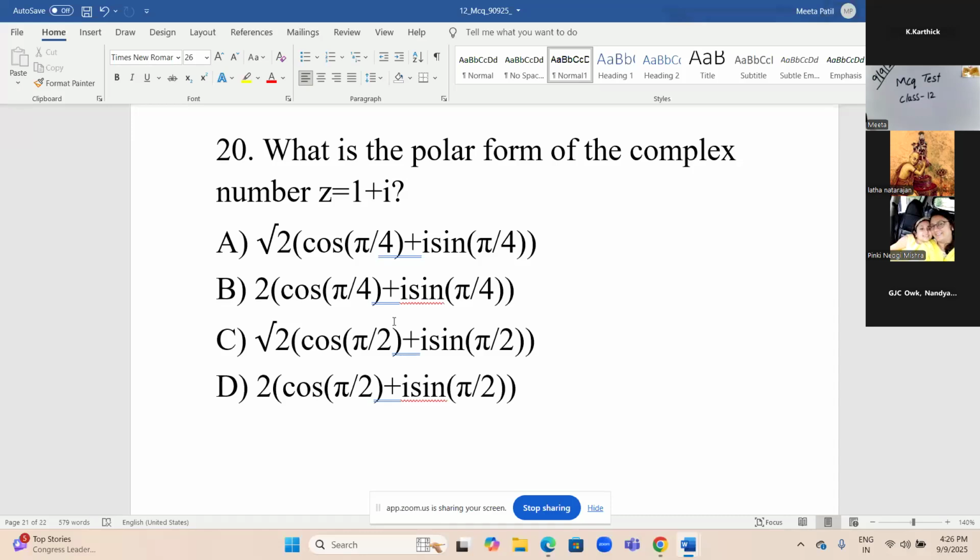Option A, root 2 (cos pi/4 + i sin pi/4). Option B, 2 (cos pi/4 + i sin pi/4). Option C, root 2 (cos pi/2 + i sin pi/2). And option D, 2 (cos pi/2 + i sin pi/2).